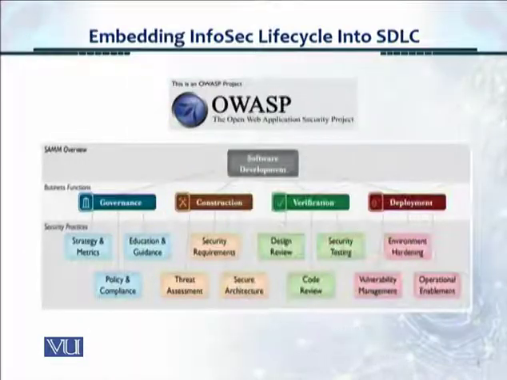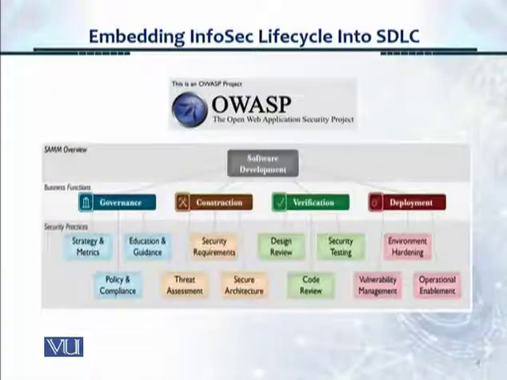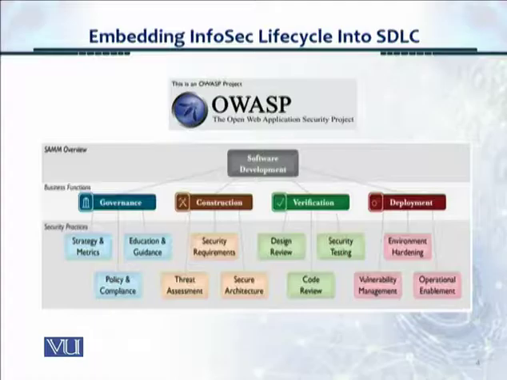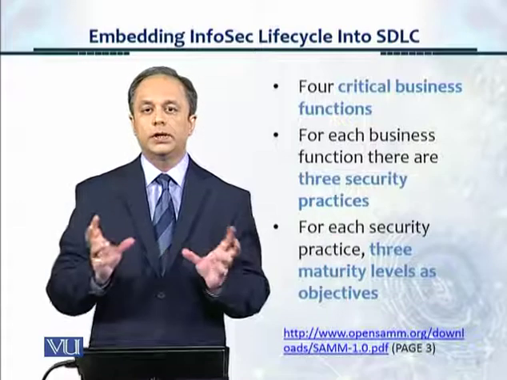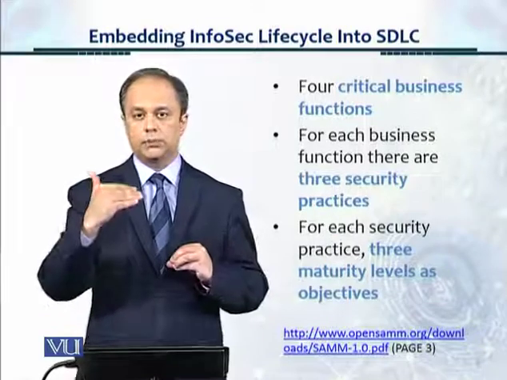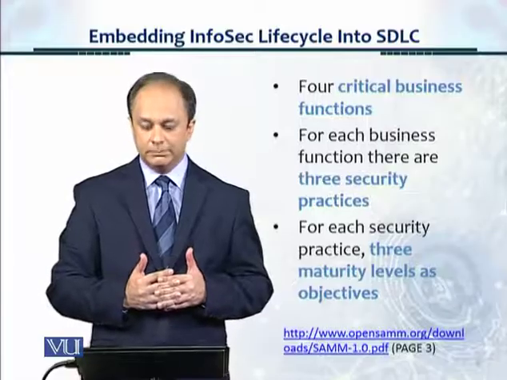Now, this is a view of the structure or architecture of the model. The SAM overview has 4 total areas: governance, construction, verification, and deployment. You may not be able to see this diagram very clearly. Under each of those areas, we have 3 activities, which we'll look at shortly. So there are 4 critical business functions at the top layer in the hierarchy for SAM.